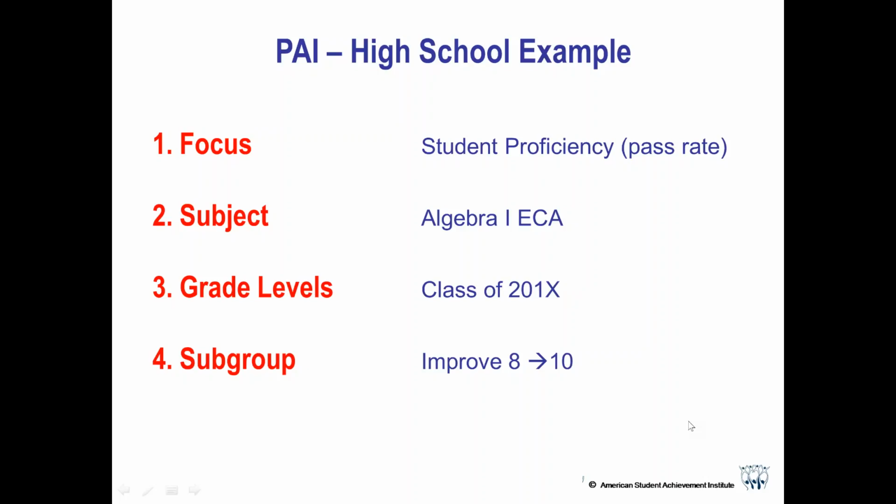But in terms of developing a school improvement plan, that does not tell me what the issue is in Algebra 1, what standards the kids are not mastering, nor does it tell me specifically within this class of 2019 or whatever which kids it is. Is it my free and reduced lunch kids, or just exactly who is not being proficient?